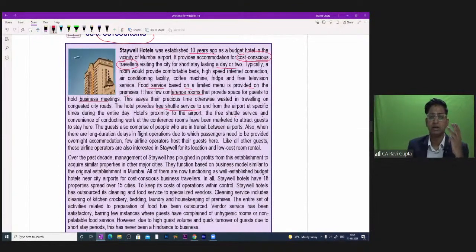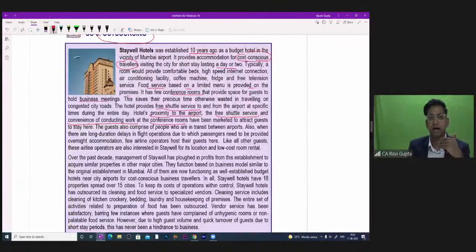So there are 3 USPs: its proximity to the airport, free shuttle services, and the convenience of conducting work, that means through the conference room.